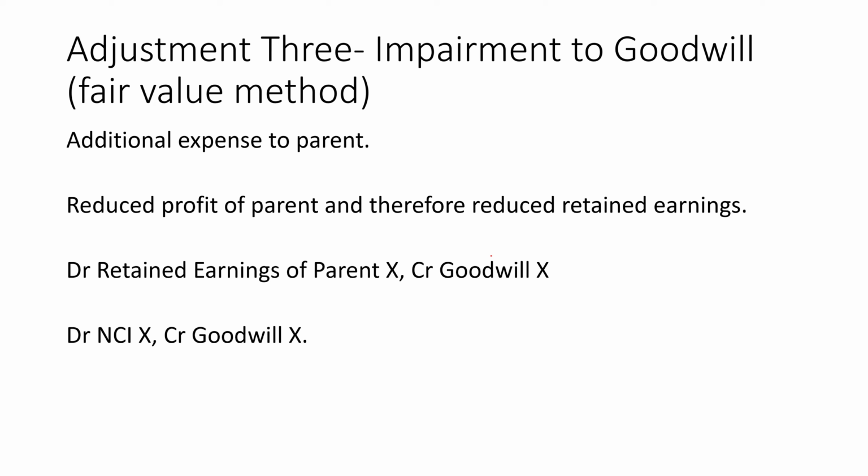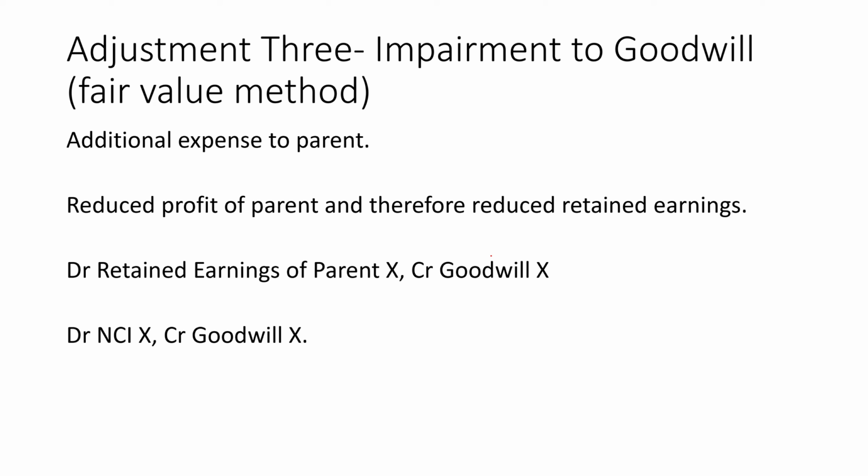Next is for the fair value method. The question will tell you, for the fair value method, just a reminder that this means that NCI has its own separate fair value. It's been determined maybe by an independent expert.